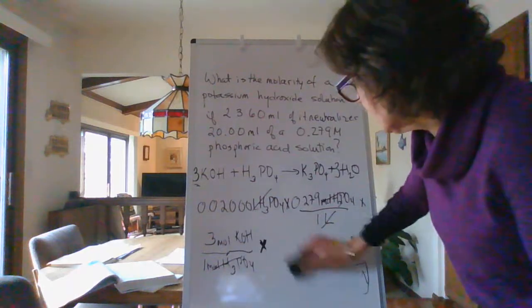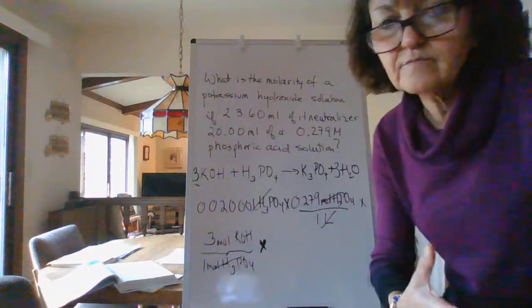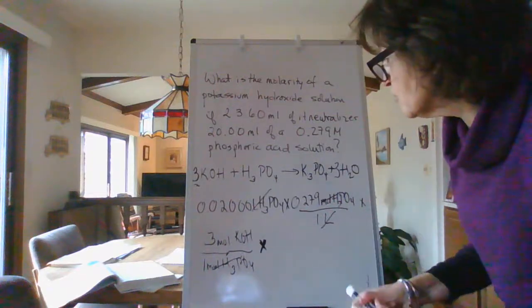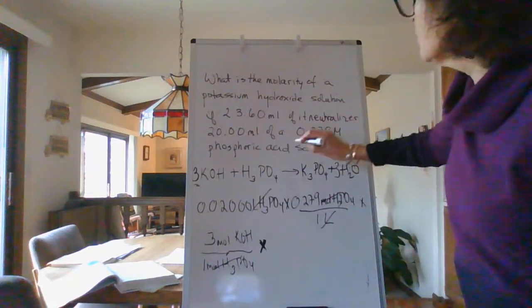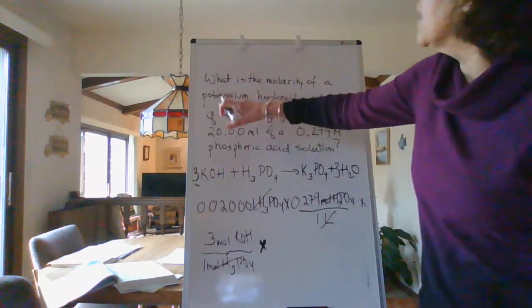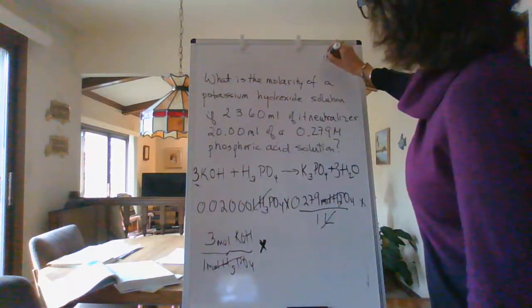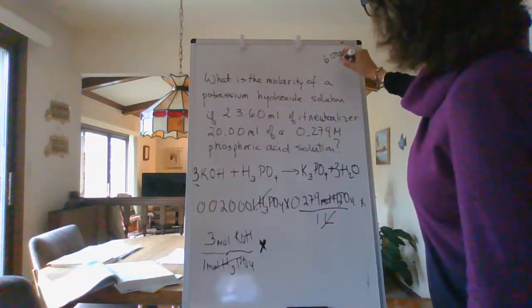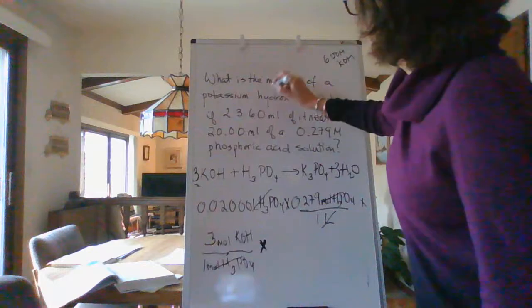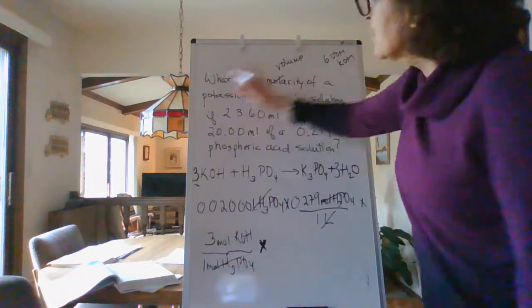So let's say the problem is asking for volume. Then they would give you the molarity. So if this problem says, what is the volume of a 6 molar potassium hydroxide solution? So we're going to pretend we have 6 molar KOH, and then we're going to pretend that it's asking for the volume. Everything is still the same.